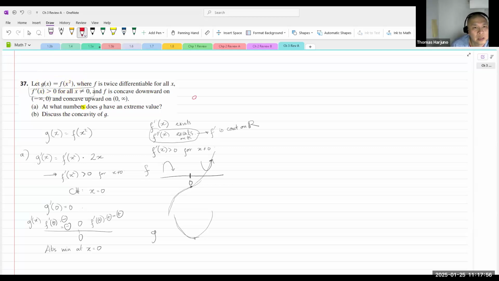So g of x is even. Why? Because g of negative x equals f of negative x squared, which equals f of x squared, which is g of x, right? Okay.